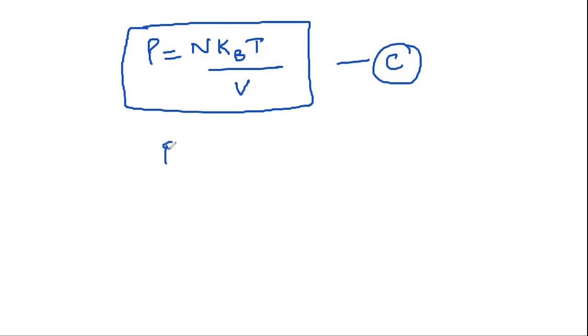which is PV equal to RT, with the constant kB equal to R by N, the gas constant per molecule, which is the Boltzmann constant.